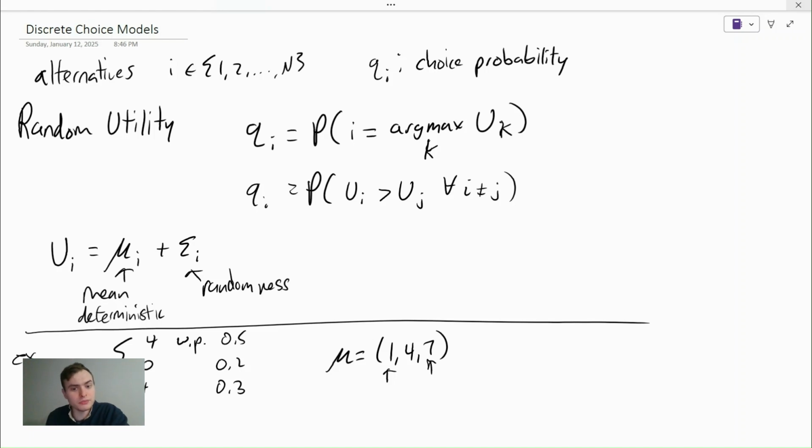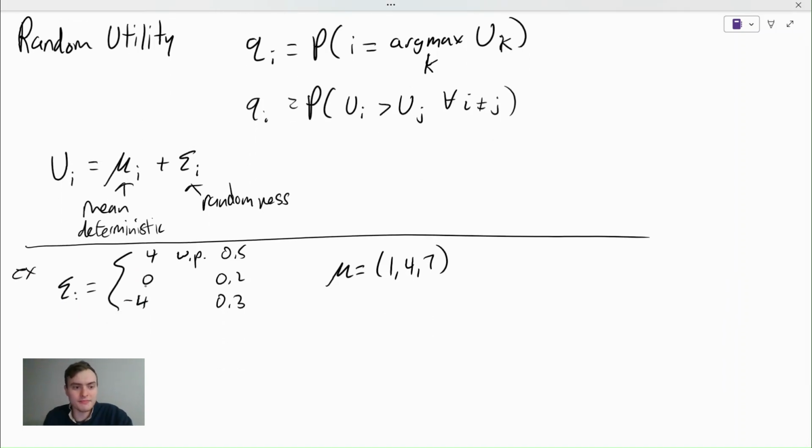So it's much more likely that product 3 is chosen than product 1, right? But because of this epsilon having a high variation, product 3 is not going to be chosen every time. There is a positive probability that product 1 is chosen, and that's Q1, and we can compute it, right?